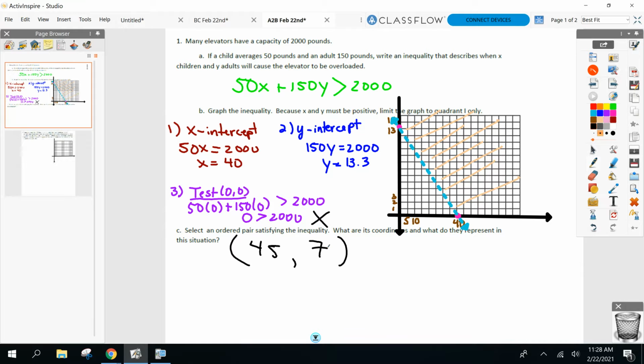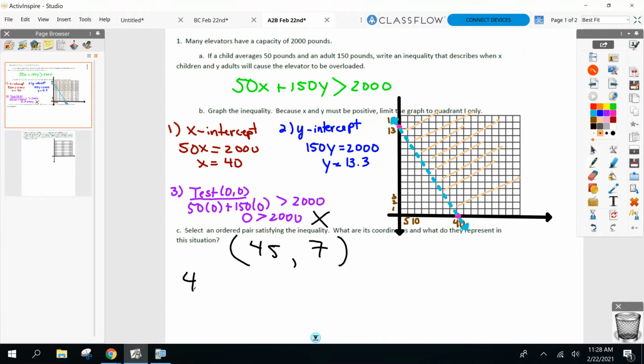What's that mean? That 45, 7 that Isaiah in class just pulled out there? What was X again? That was the number of kids. So if I have 45 kids and 7 adults, what's going to happen? Overload. It's going to overload. Okay? Any point you pick in that shaded region is going to overload the elevator.